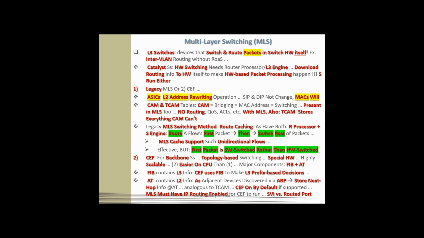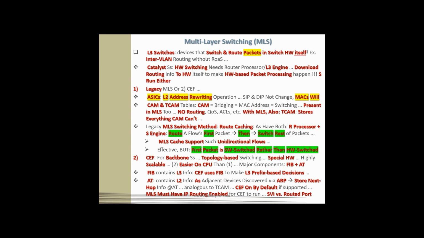With this first MLS switching method, route caching, you see how MLS cache entries can support such unidirectional flows. The way they do it is to route the very first packet of a flow through the routing processor, and then rely on the switching engine to switch the rest of the packets in that flow. Route caching can be effective, but there is one shortcoming.